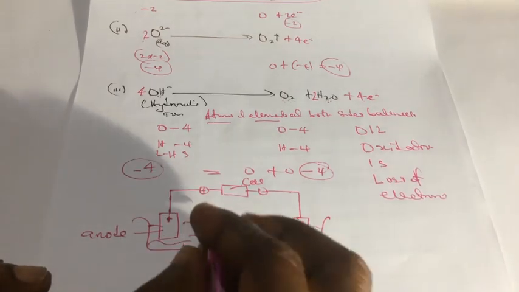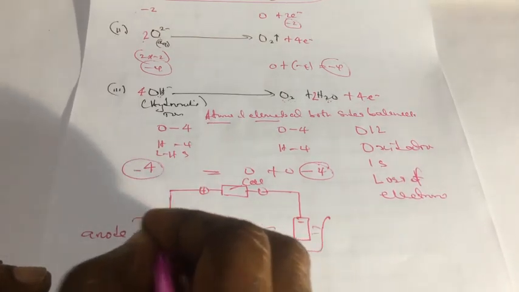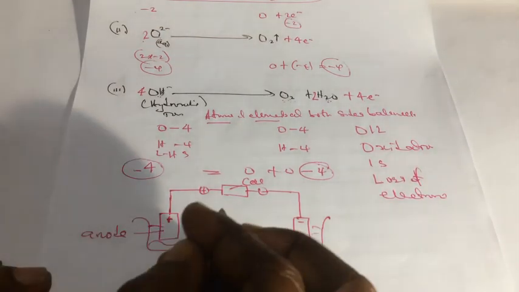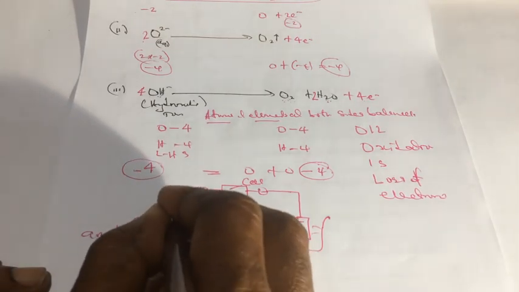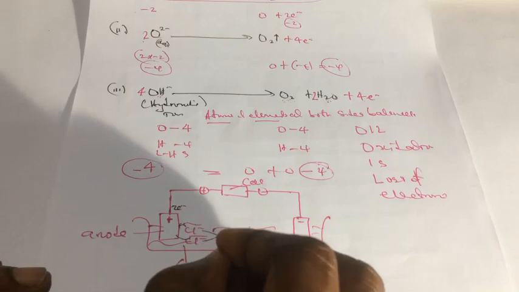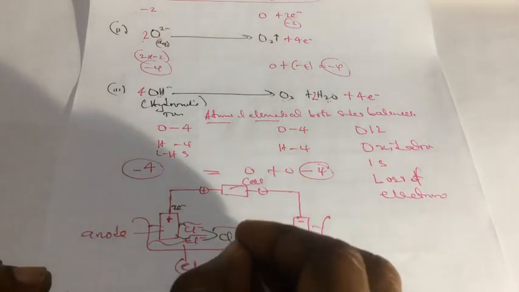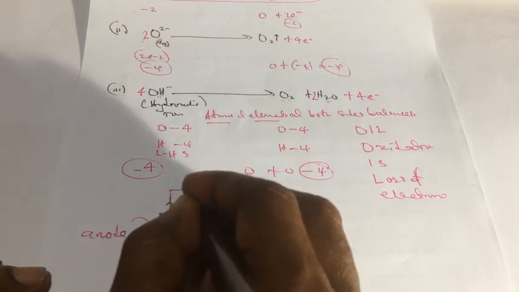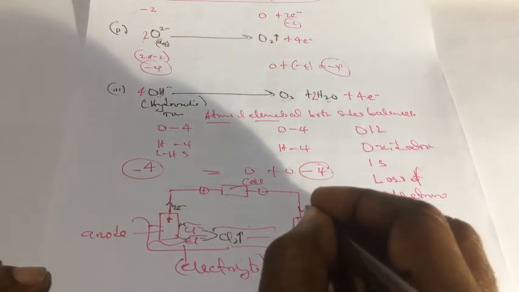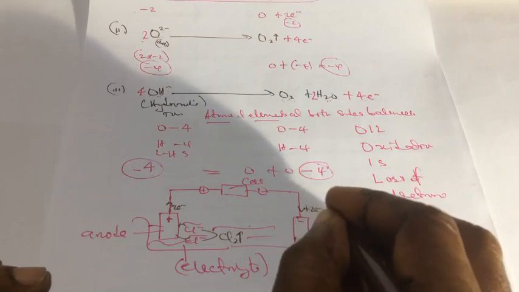Like a chloride ion, we lose electrons, and these two electrons are discharged as chlorine gas. The electrons will now move up, pulled by the battery, and come here. So this is plus 2e.